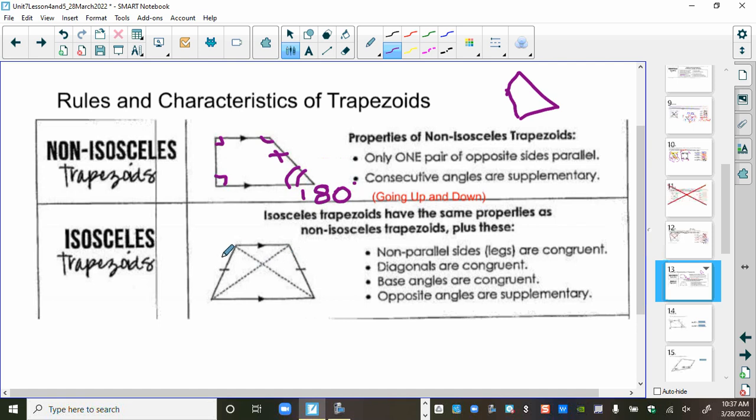But a couple things with isosceles trapezoid: the two slanted sides are congruent. The diagonals are congruent. And these angles right here are also going to be congruent.